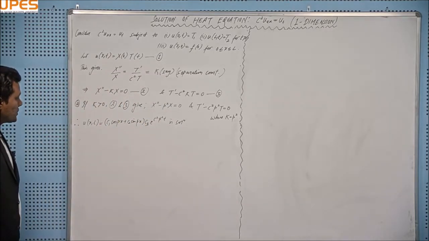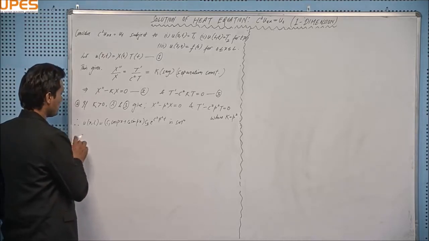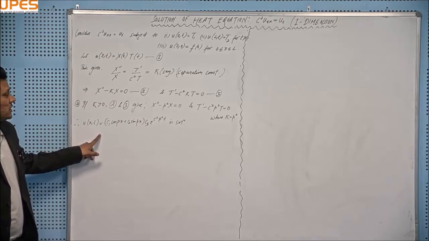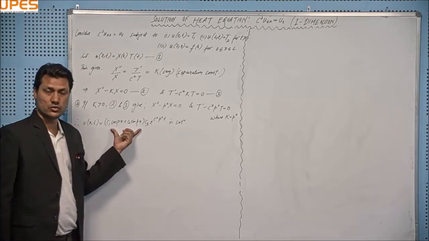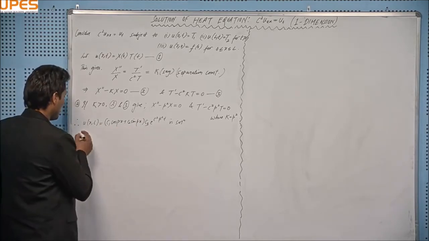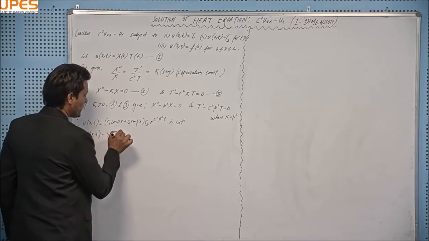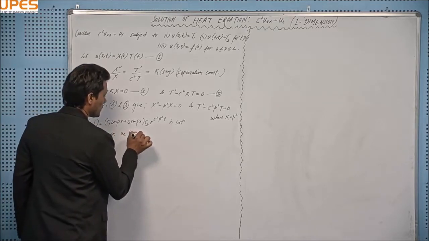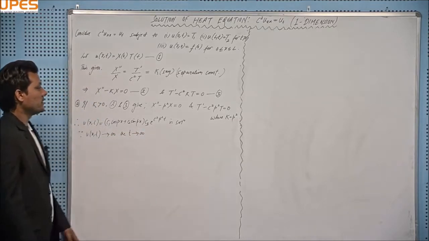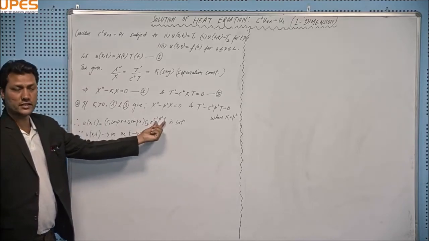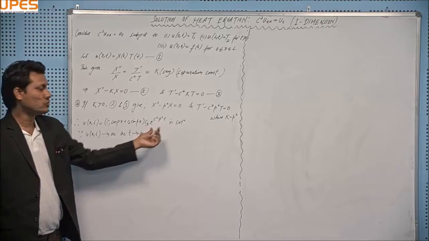You can see that if t, which is time, approaches infinity, then this solution will go to infinity, since u(x, t) tends to infinity as t tends to infinity, because e to the power c square p square t is positive, and e to the power plus infinity goes to infinity.